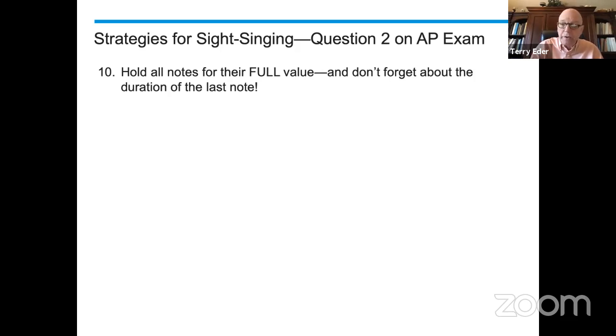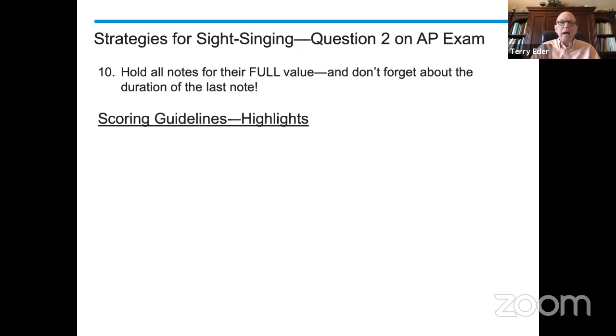And I'll explain to you in a second, because I want to just give you some highlights of how the sight singing is scored, okay? And there's more that goes into it than this. And really, the other things that I am not talking about this morning are probably giving the student the benefit all of the time. Every chance we can get, we're on your side.